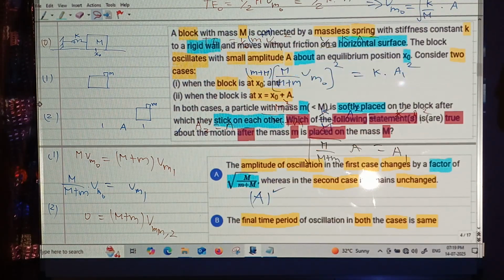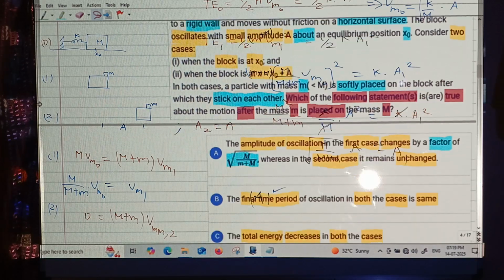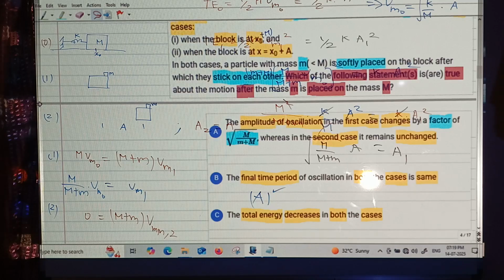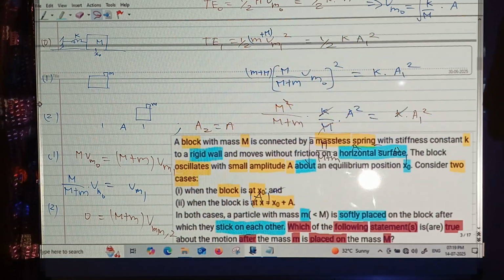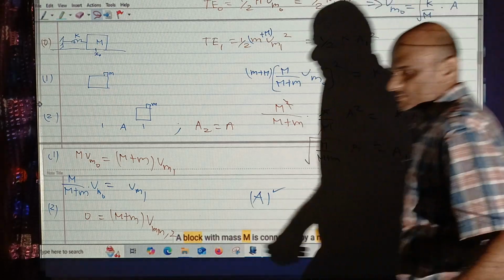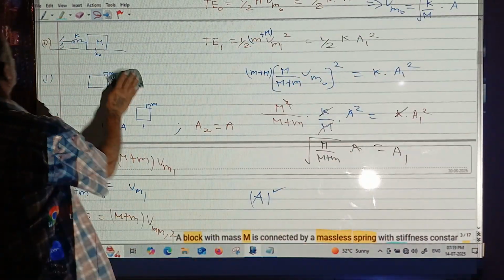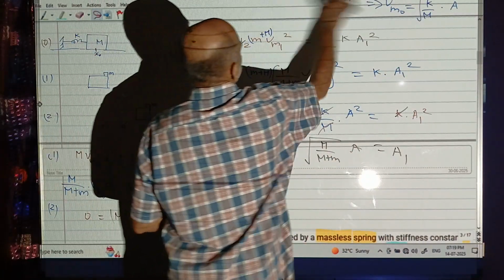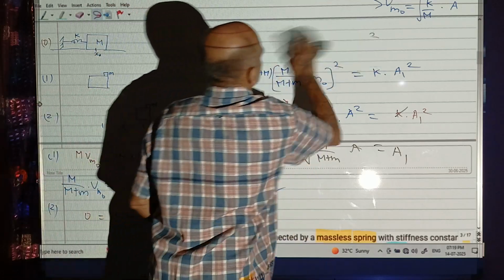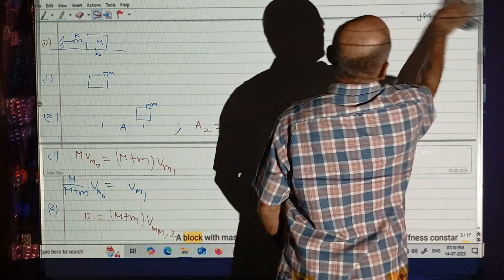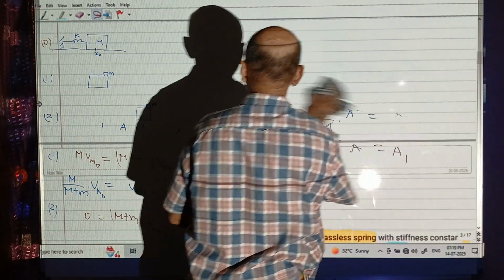The amplitude of oscillation in the first case changes by a factor square root of M by M plus m, and in the second case it remains unchanged. Option B: the final time period of oscillation is the same in both the cases. For a simple harmonic motion, k equal to m omega square is valid.